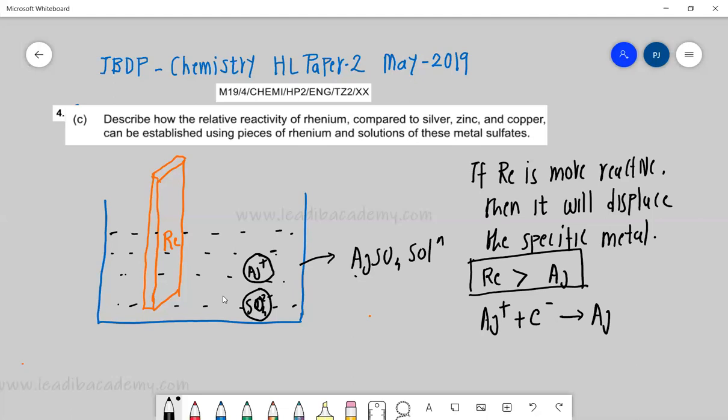And it simply means that, so what would be the conclusion?